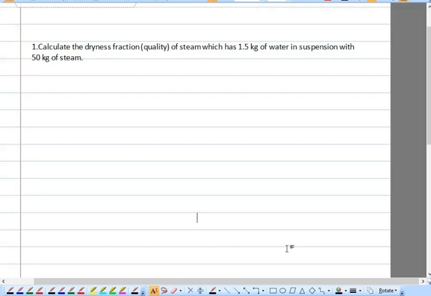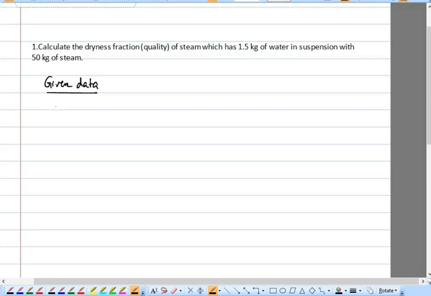The first problem is calculate the dryness fraction of steam which has 1.5 kg of water in suspension with 50 kg of steam. So first write down the given data. What is the mass of dry steam?